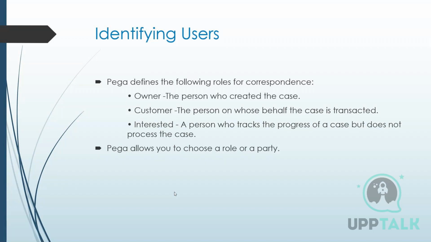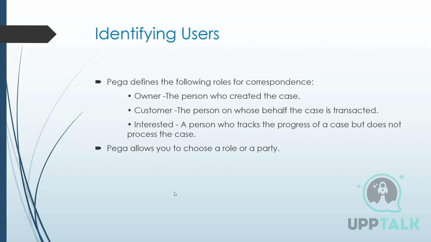Then interested parties are there. In the second scenario for the lost card transaction, a manager might be involved from the credit card department. He might be involved in this transaction, but that doesn't mean he works on it. He might just observe or supervise.